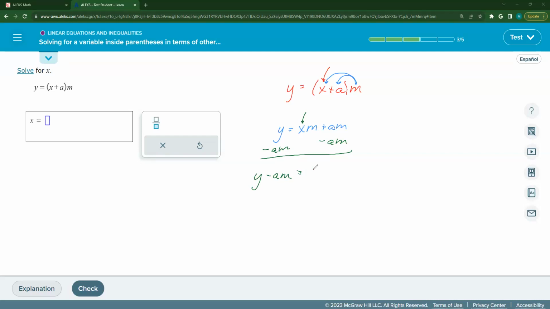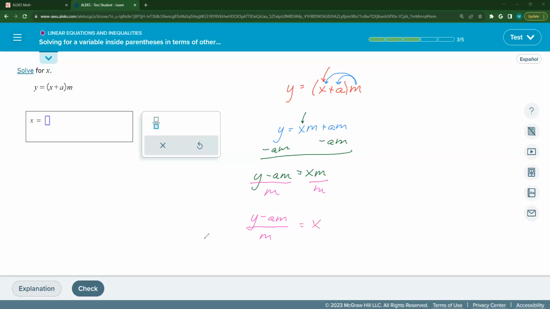Both ways work. Plus xm. Divide both sides by m because I want the x by itself. And I'm going to do this. So I have y minus am over m. Now, remember, I cannot just cancel this m with this m because that y has it as well.